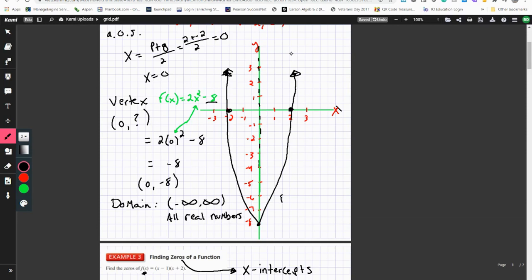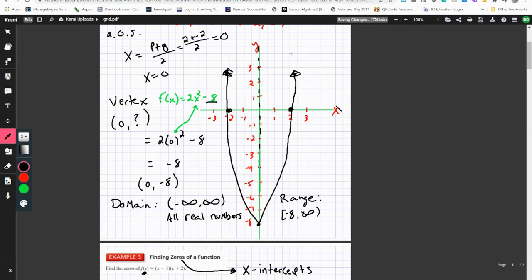Now the range is all my possible y values. Now if I look at this graph, I always want to look at the high or the low. I know this has a low point just by looking at the graph, or I could look at my original function that had a positive a value, so I know it opened up. So my lowest value on my graph is -8. So I do a bracket because -8 is included, and it is going all the way up to positive infinity.